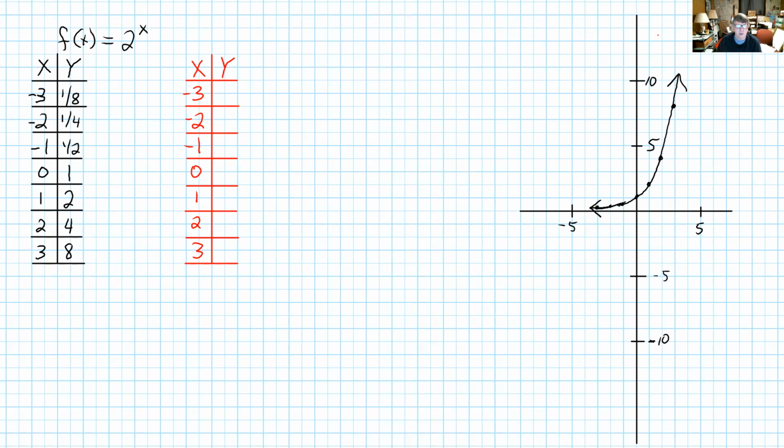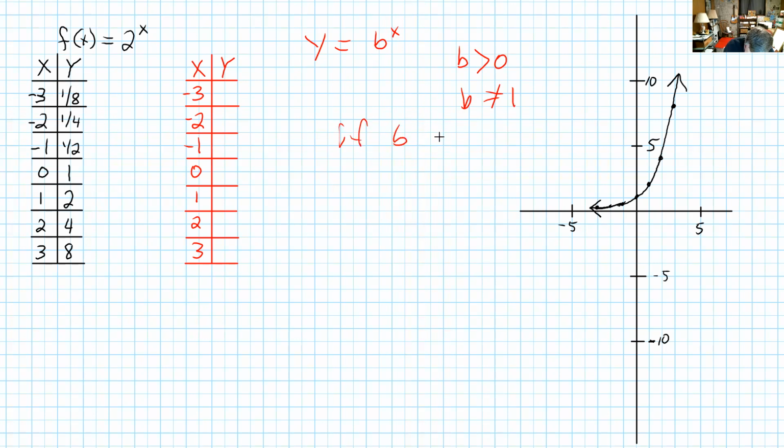so let's summarize what we've got going on here. If we have an equation in the form y equals b to the x, b has to be greater than 0. B cannot equal 1.